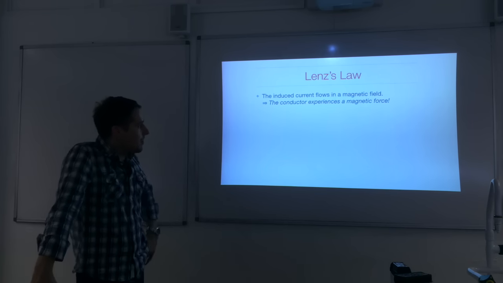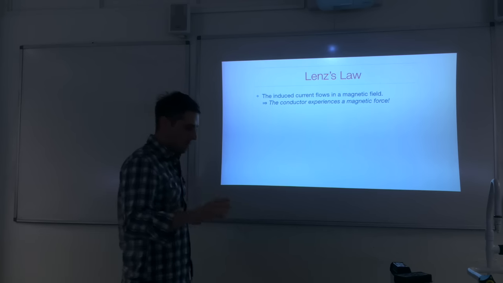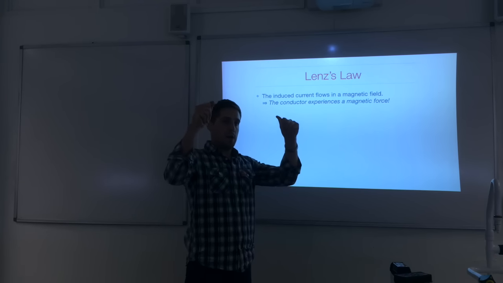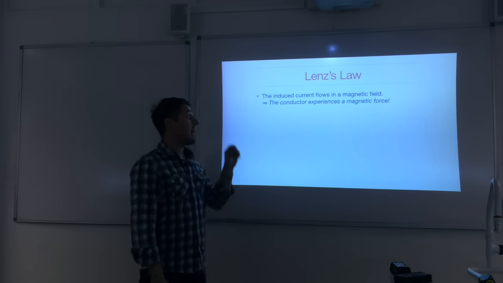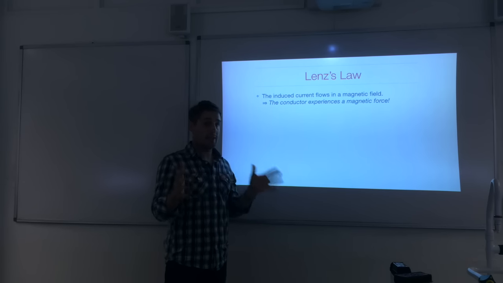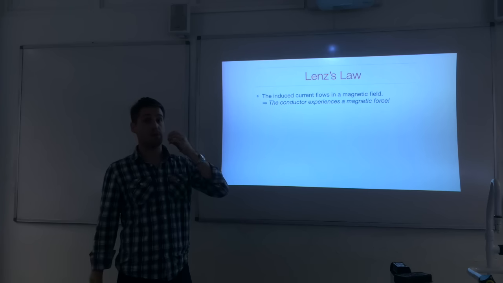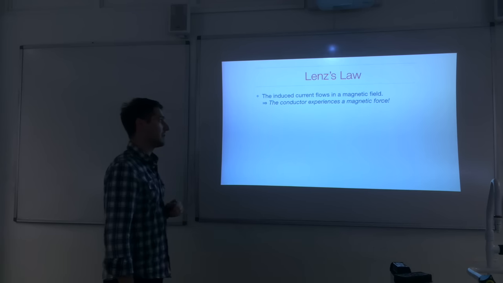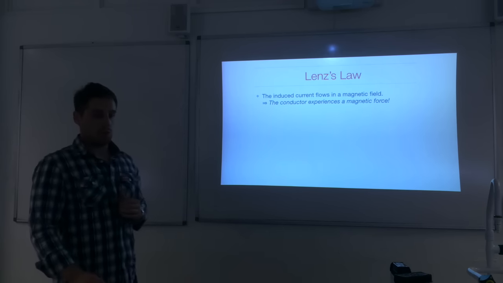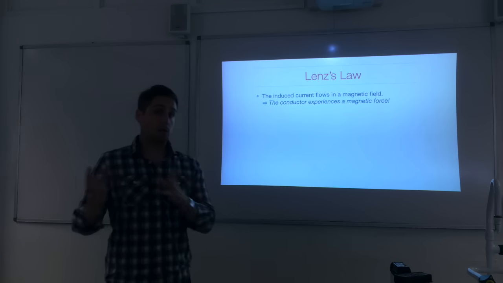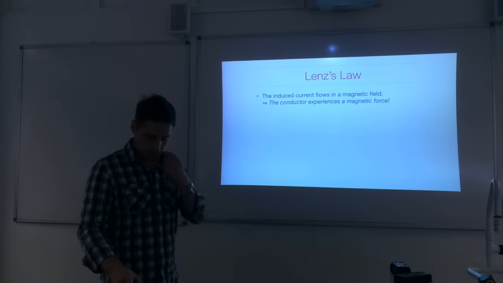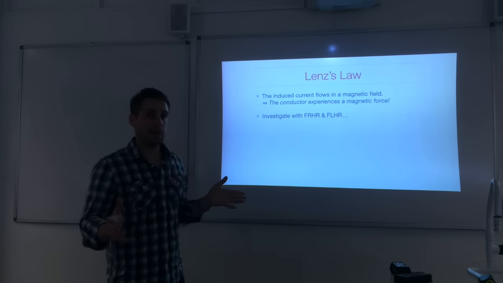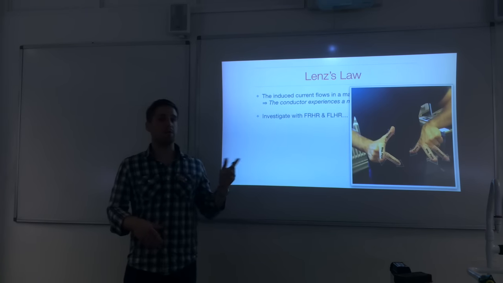The induced current: because you're moving a conductor through the magnetic field, you've got a current flowing, and because this is all taking place in a magnetic field, that means you have current flowing in a magnetic field. What do we know about current flowing in a magnetic field? We know that it experiences a magnetic force.